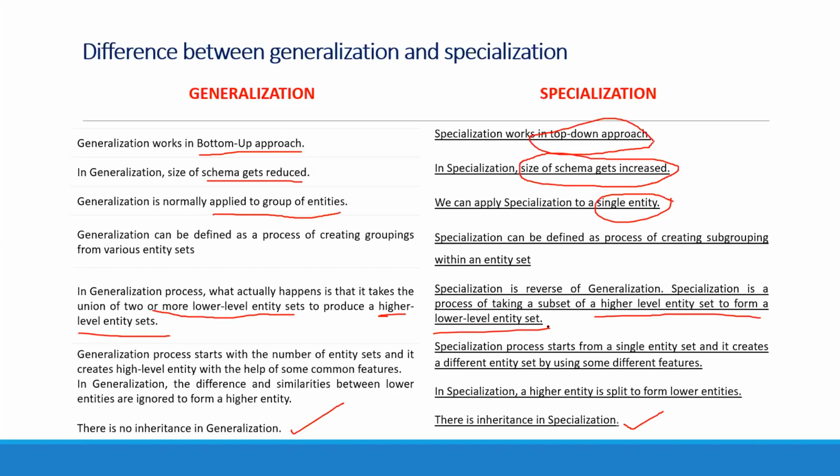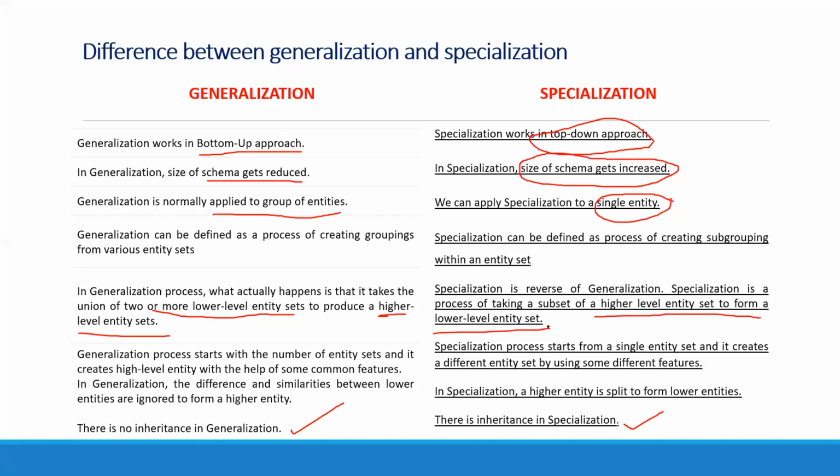Generalization is a process that starts with a number of entity sets and creates a higher level entity with the help of some common features. In generalization, the differences and similarities between lower entities are ignored to form the higher entity. That's why we call it a subclass superclass relationship.